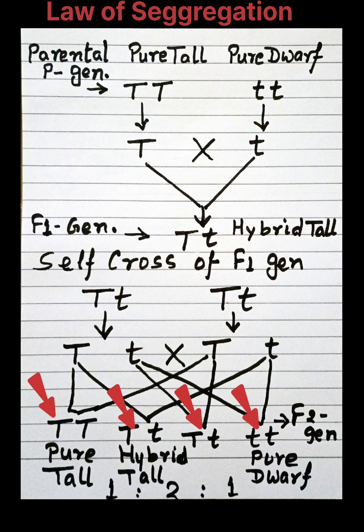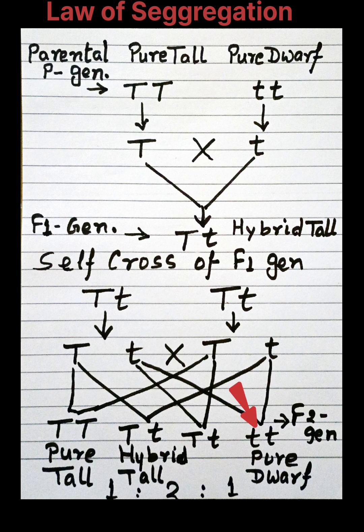When we see the genotype of the other two talls, they are hybrid tall because one capital T and one small t, which represent tallness and dwarfness, are found. Due to that, they are known as hybrid tall. The last offspring has pure dwarfness.